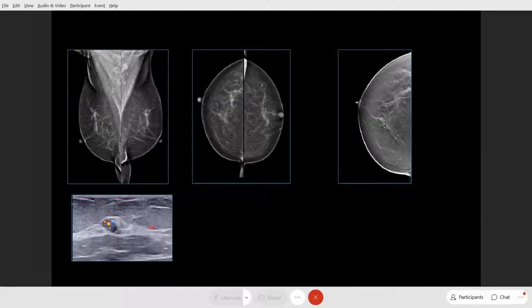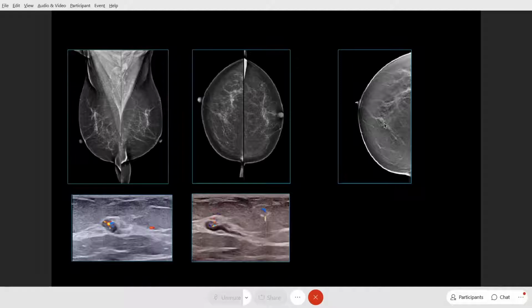But if you change the probe into the orthogonal plane, the whole picture changes from a small solid mass with circumscribed margin to an intraductal lesion with internal vascularity. This is very important.